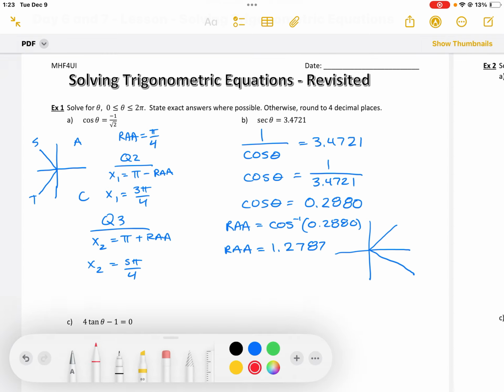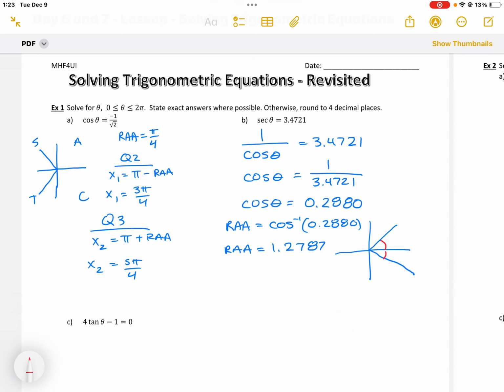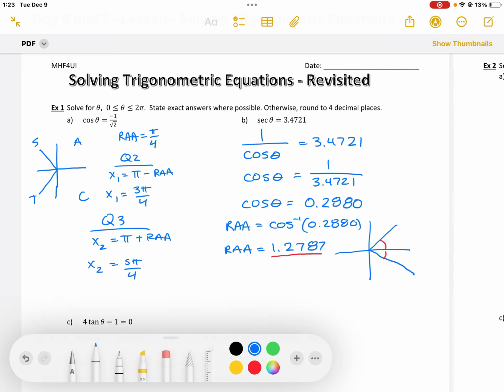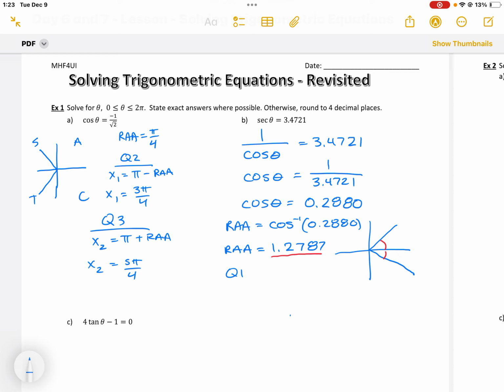That represents this value right here in between my terminal arm and my nearest x-axis. So my first solution in quadrant 1 is just equal to my related acute angle.